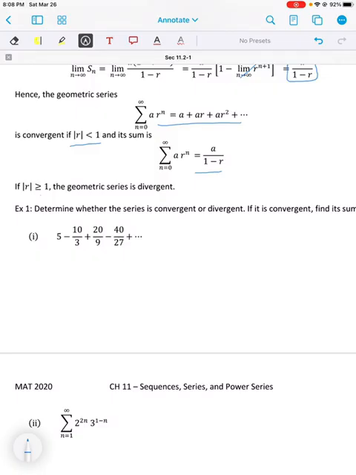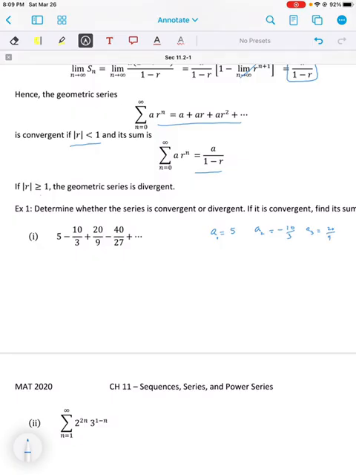If yes, then you know how to find whether the series is convergent or divergent, or how to find the sum. So we notice here that the first term a1 is 5, a2 is negative 10 over 3, a3 is 20 over 9, and so on.